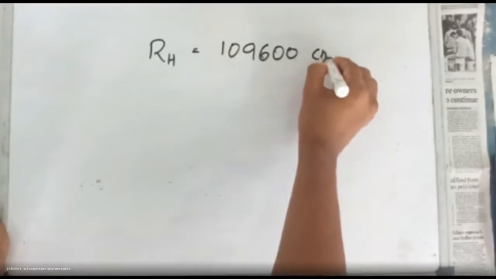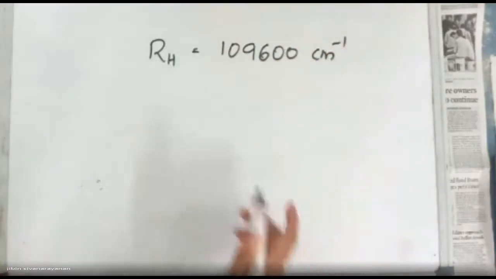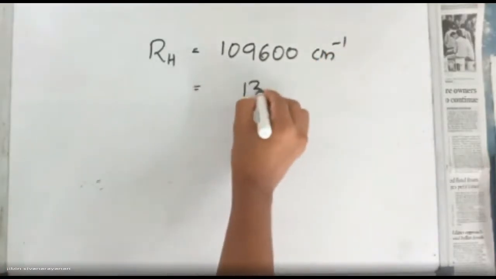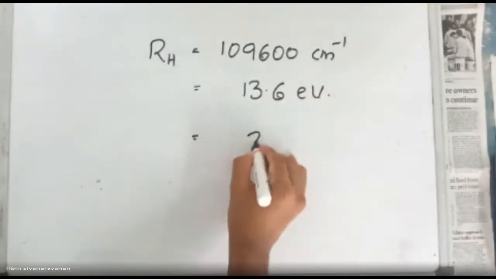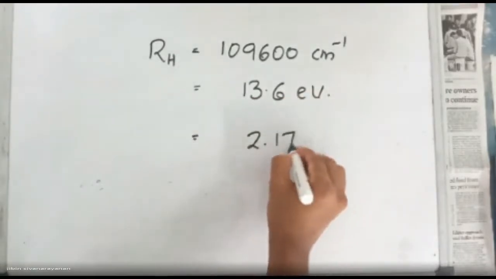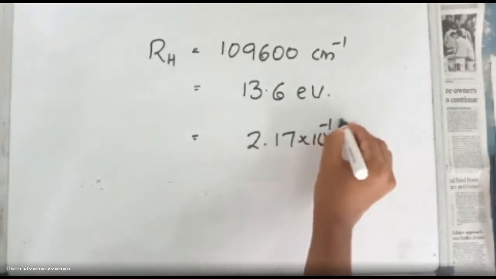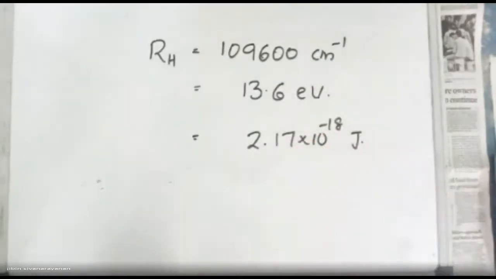This is in centimeter inverse. This is in electron volt. This is in joules. So those three different values can also be put there.